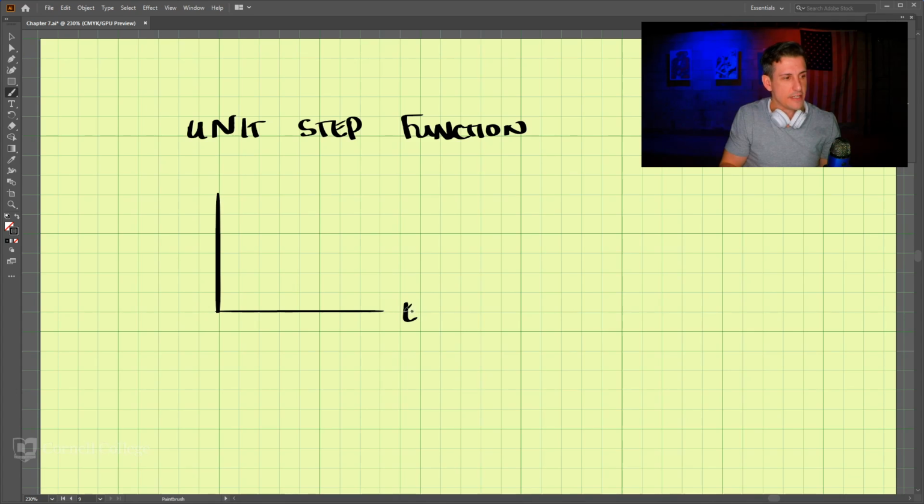So this is time t, and this is our unit step function as a function of time.